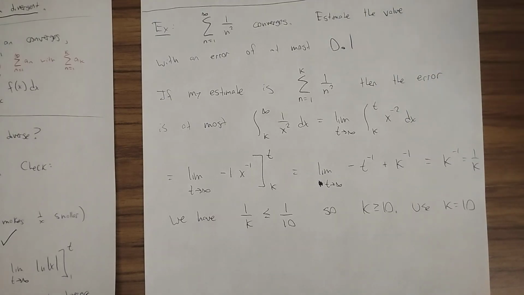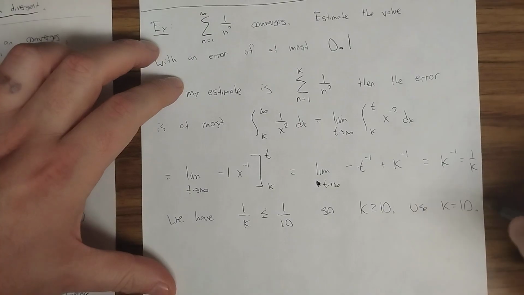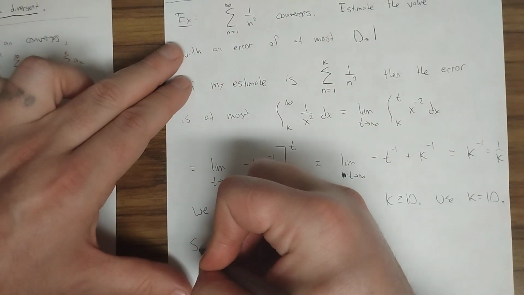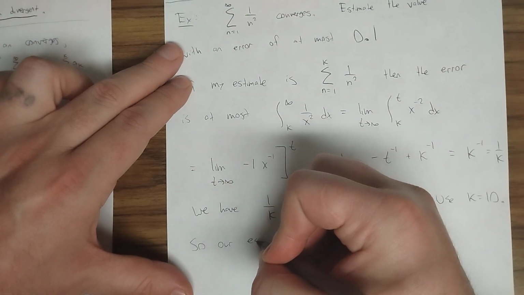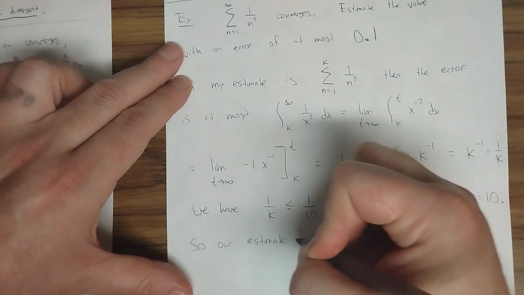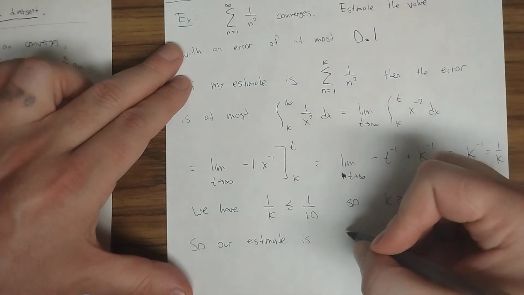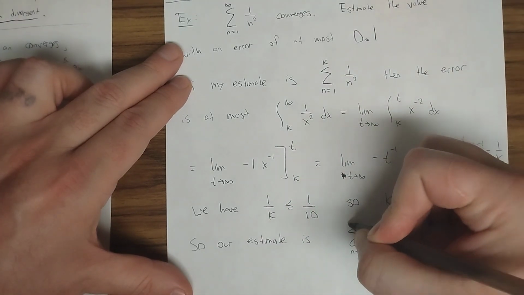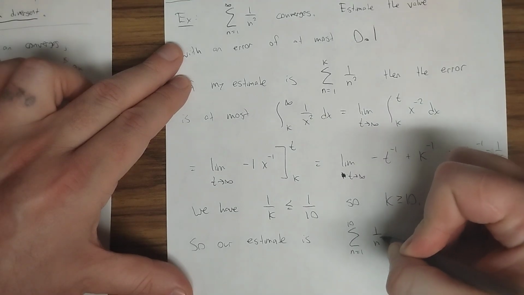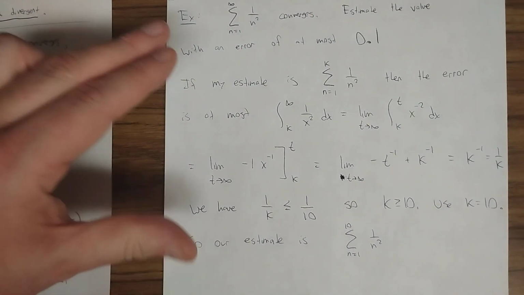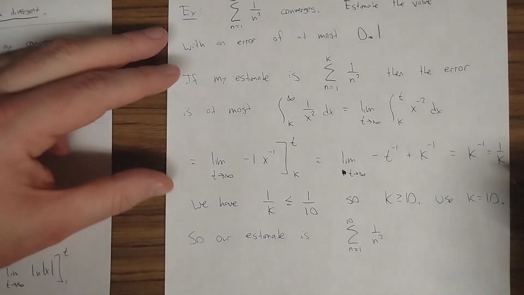So I'm going to add as few terms as I can and still guarantee that my error is small. So my estimate is going to be adding up the first 10 of these numbers.